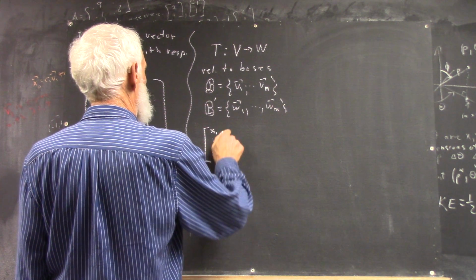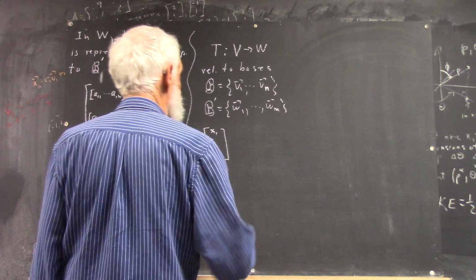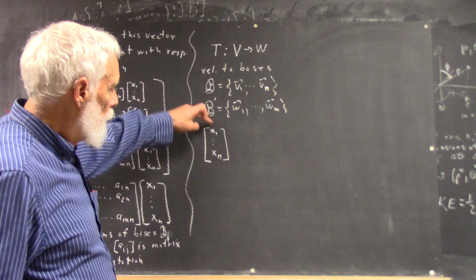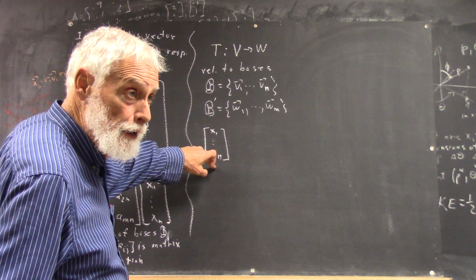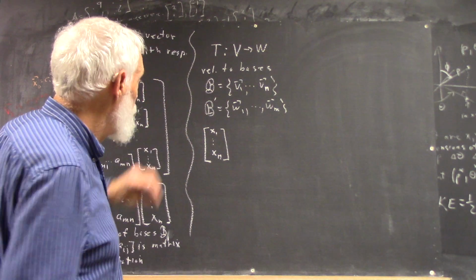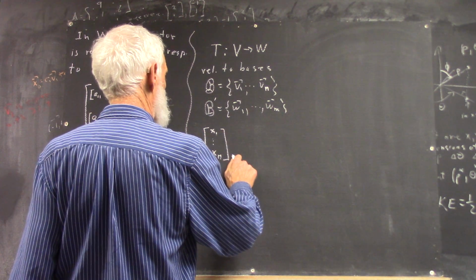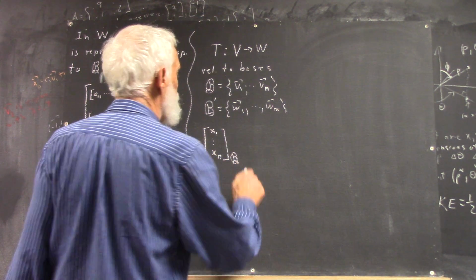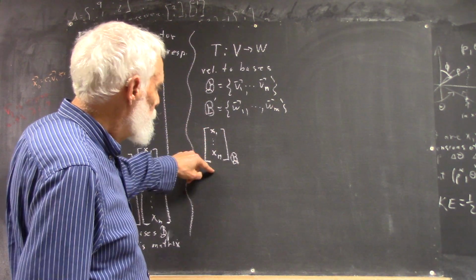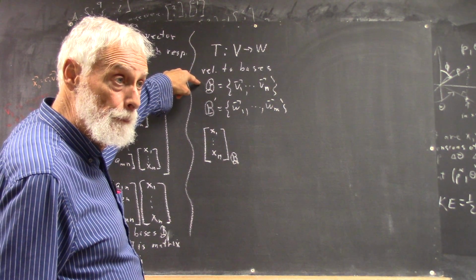Things you got to really understand and keep in mind is that the column vector x1 through xn, and now I'm going to put a B here just to remind you that this is relative to this basis, right?